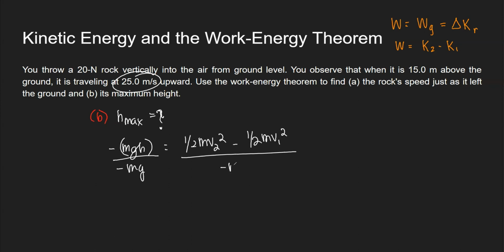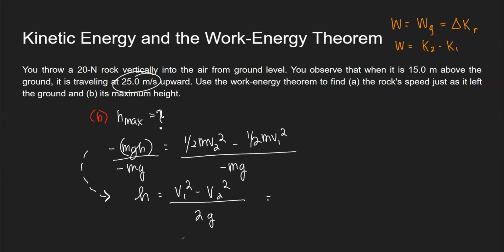For negative mg, cancelling the mg, I'll just be left with h equals, also cancelling my m here. Instead of having 1/2 mv squared, this is a bit of a shortcut, but this is just transposing and dividing. I'll get v1 squared minus v2 squared, and instead of having 1/2 over there, I'll have 2g down here.